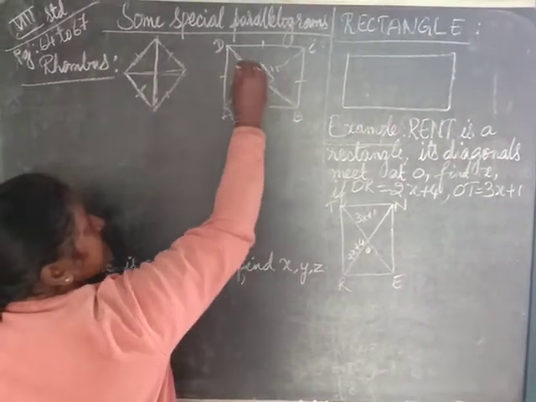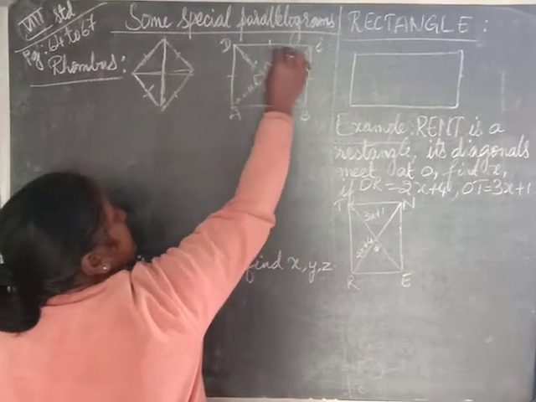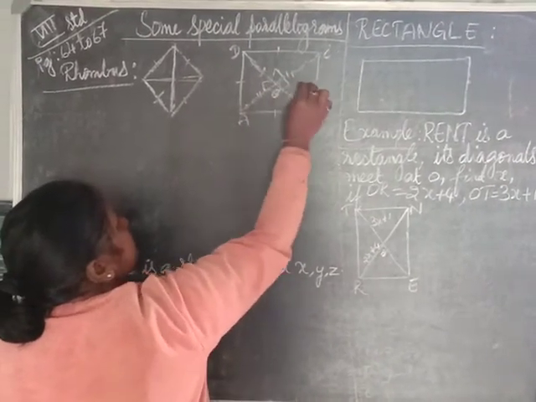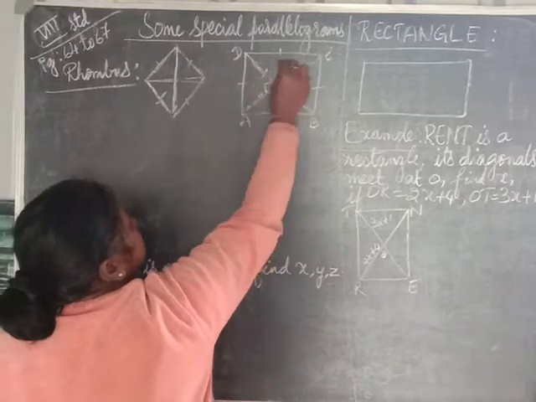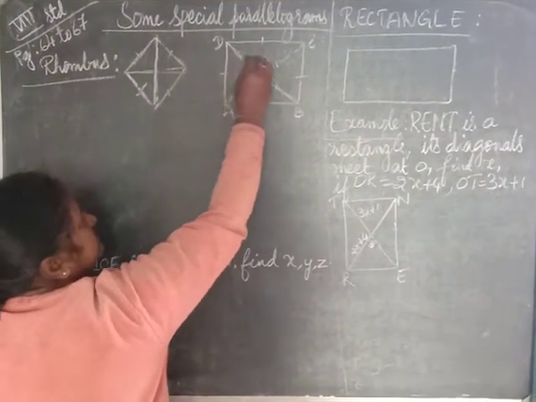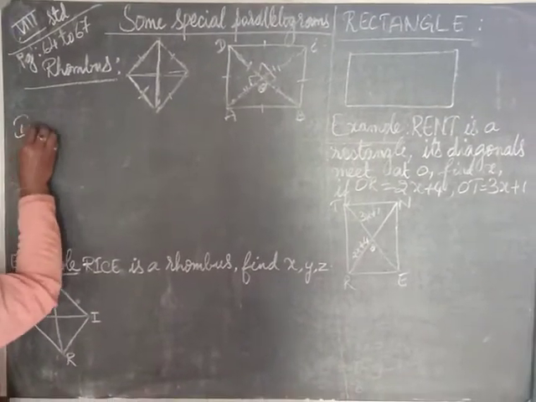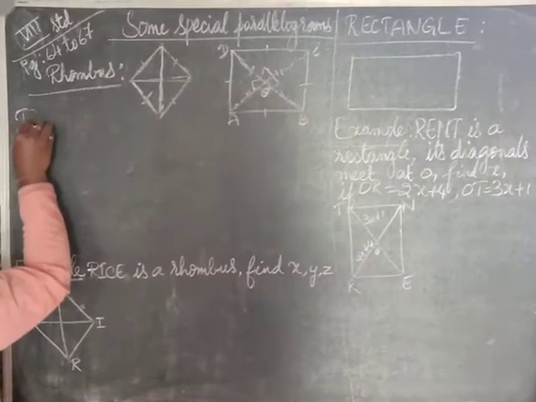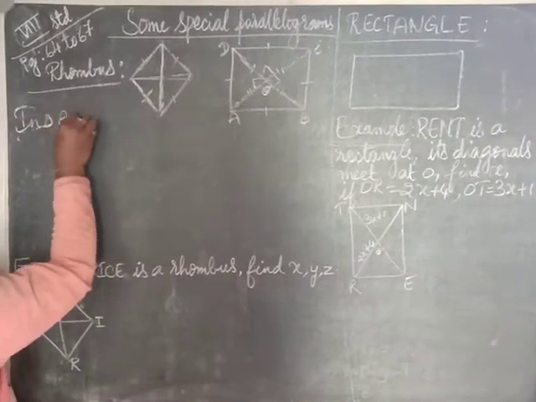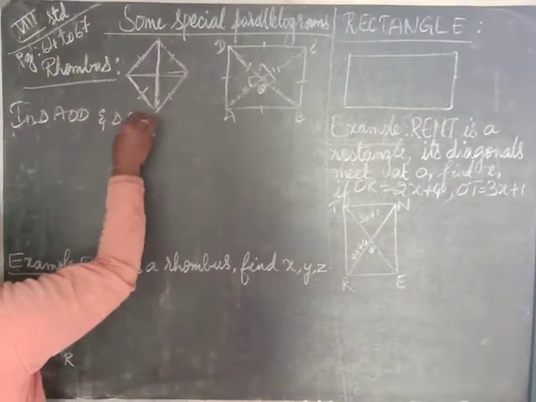Since these two diagonals bisect each other, how many triangles do we get here? We get 4 triangles: 1, 2, 3, 4. Now let us compare 2 triangles, triangle AOD and triangle DOC.